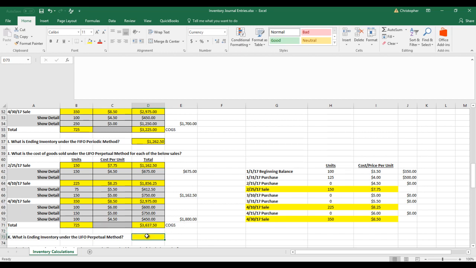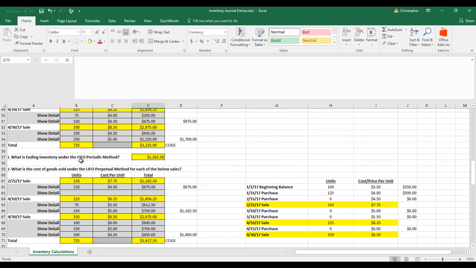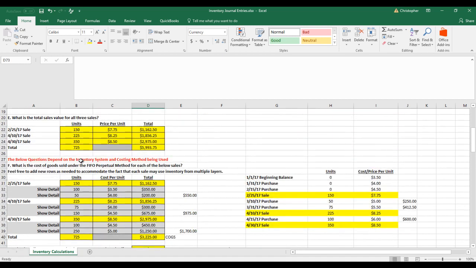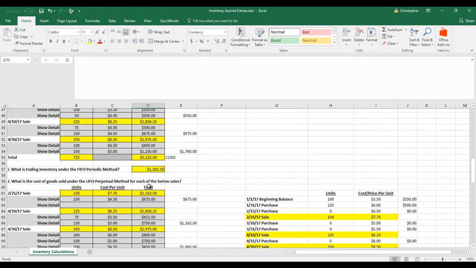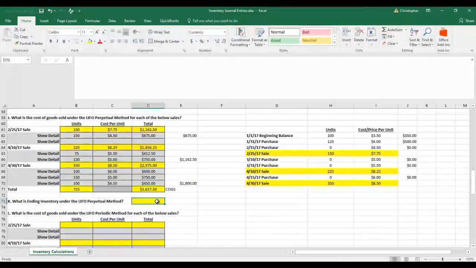So the ending inventory, again, it's the same number. What did we say we had total? We have 950 units total. We sold 725, so we're going to have 225 units left. But let's take a look at the ending inventory that's left. If you sum up all that's left, it's basically the 850, 500 and 350.